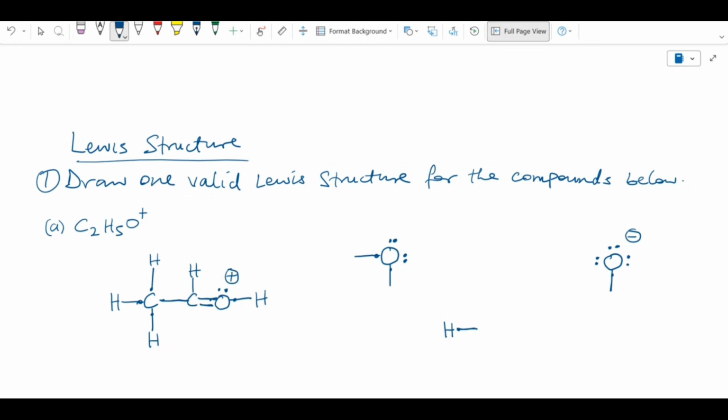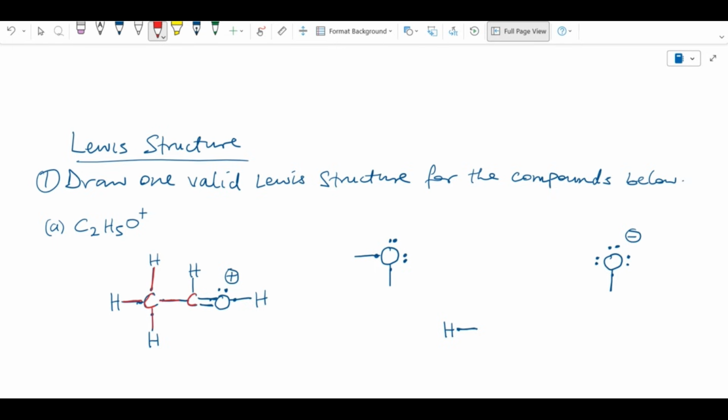Before we can conclude, you need to also count the valence electrons on each of the non-hydrogen atoms to make sure that they obey the octet rule. Each atom should have 8 electrons in its valence shell. For this central carbon, remember that 1 single bond contains 2 electrons. So you have 2, 4, 6, 8. That carbon has 8 electrons in its valence shell, so that satisfies the octet rule.